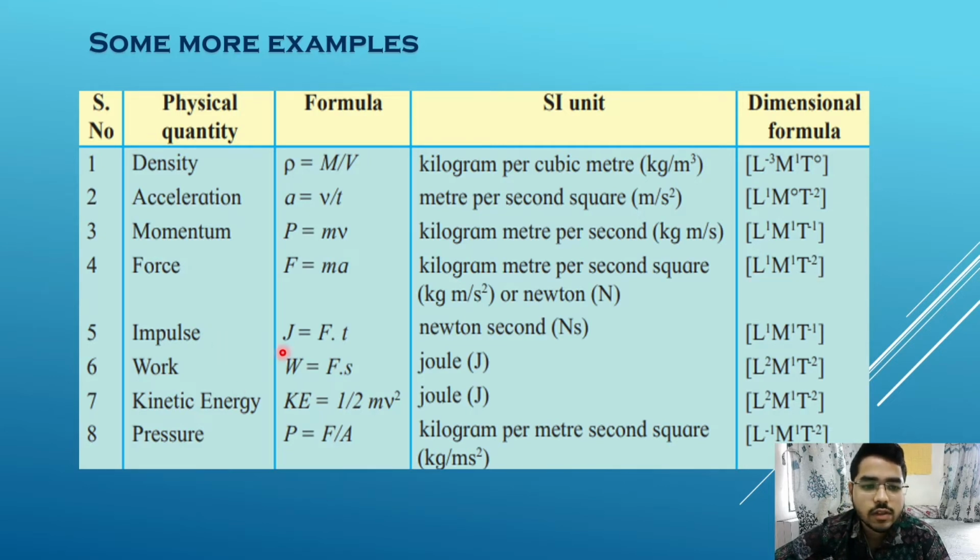And impulse J is given by force into time, so it is Newton second. We have seen the SI unit of F, that is force, is Newton. So we get our dimensional formula as L1 M1 T raised to minus 1. These dimensional formulas come from here. See this, kg per meter cube.